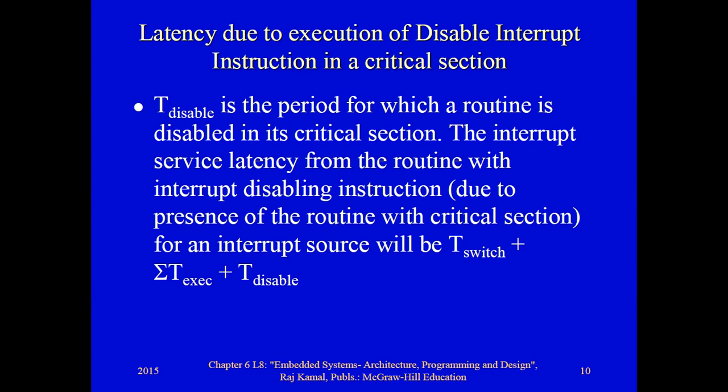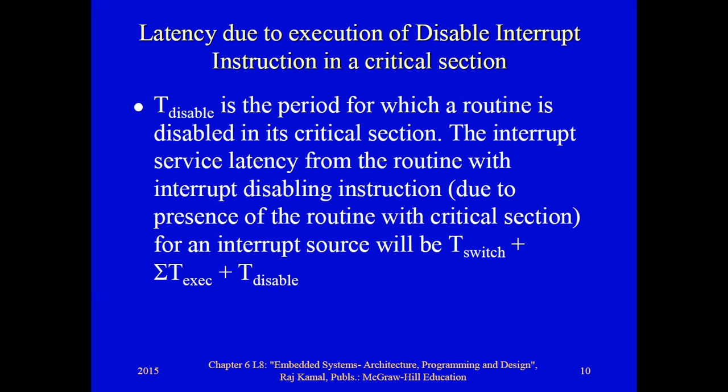So the next case is latency due to execution of a disable interrupt instruction in a critical section. So inside the critical section, you have an interrupt disabling instruction. So suddenly the interrupt has to be disabled from the critical section. Let's check how the latency is affected by such an interrupt disabling instruction. Here, T disable is indicated as the period for which a routine is disabled in its critical section.